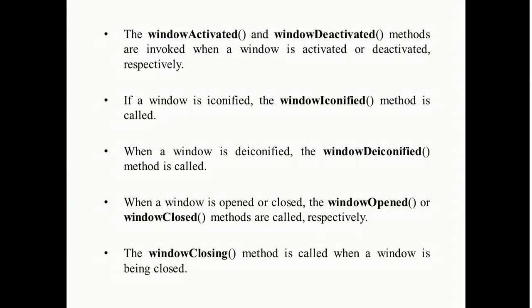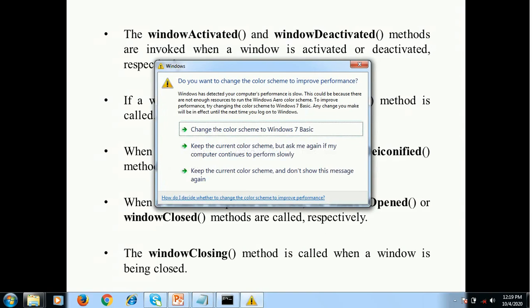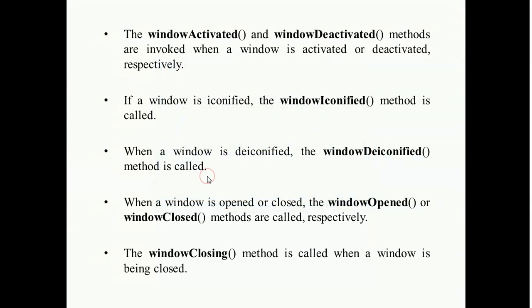The windowDeactivated and windowActivated methods are invoked when a window is activated or deactivated. Means when your window is activated, that time the windowActivated method is invoked, and when your window is deactivated, means your cursor is moved out of the window, that time the windowDeactivated method is invoked.